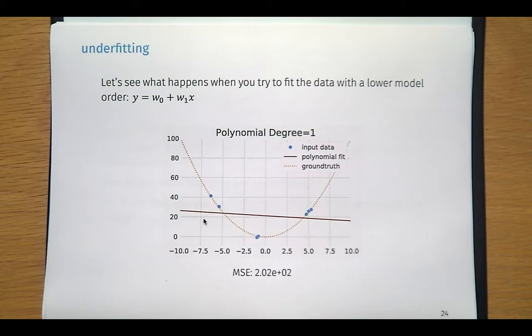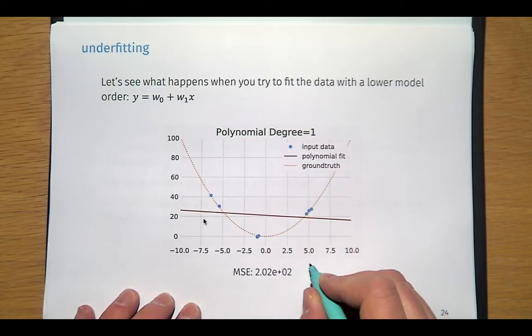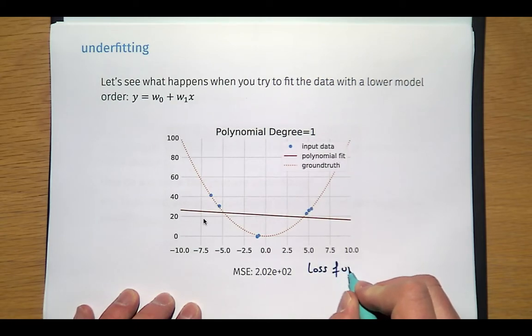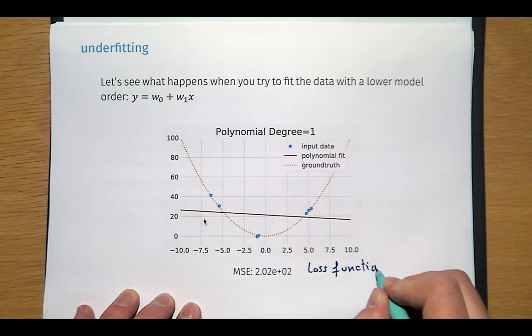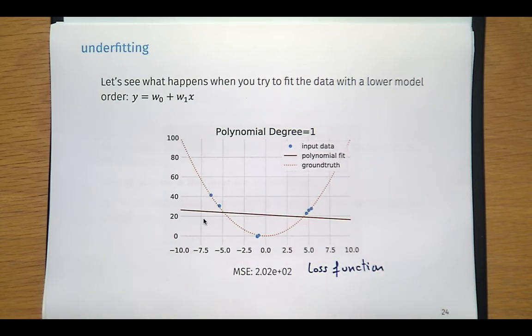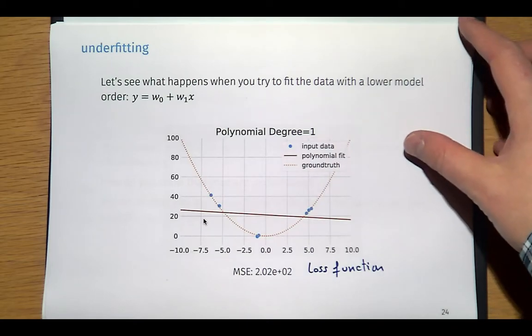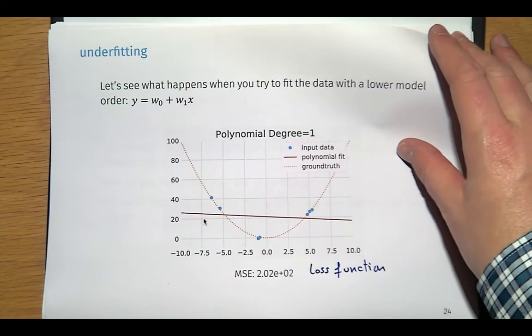A symptom of underfitting is that the loss function, which here is the mean square error, is actually quite high. Regardless of how you try to fit your data, you cannot get a good error.